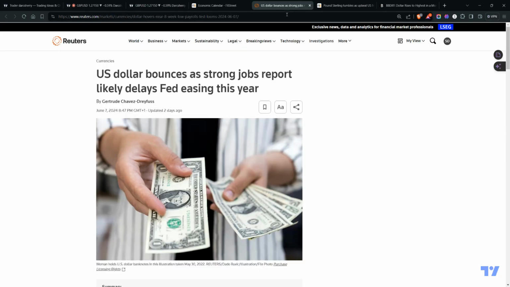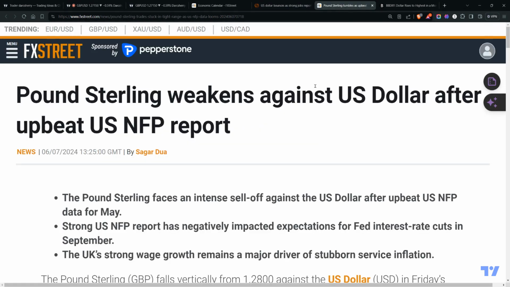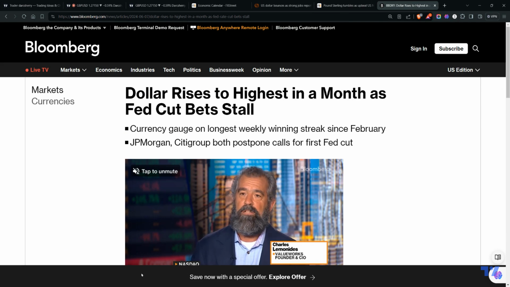Now, looking ahead into the coming week, the pound sterling's direction will be largely influenced by the United Kingdom's employment data. Recall that the number of employed people in the United Kingdom has declined for 3 consecutive months, and any indication of further layoffs would likely hurt the pound sterling, potentially amplifying speculations for early interest rate cuts by the Bank of England.